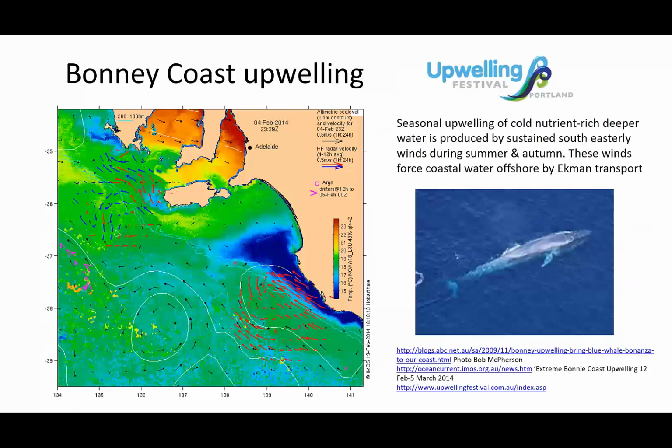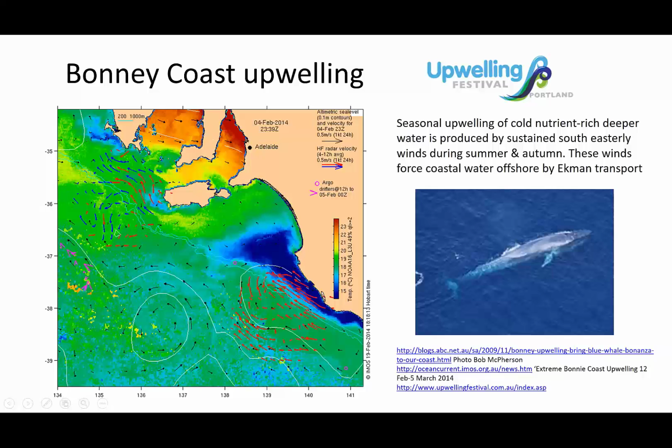So these sorts of wind-driven convergent and divergent flows on coasts are really very important for all sorts of reasons. In this example here, also in South Australia, during summer and autumn, we often have these southeasterly winds that blow along the coast in this direction.